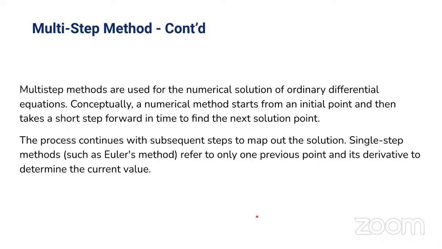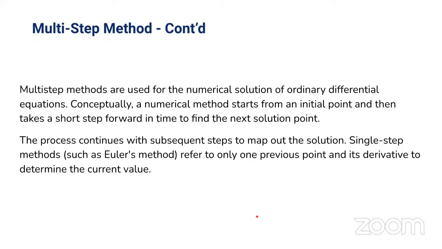So the process continues with subsequent steps to map out the solution. Single step methods such as Euler refer to only one previous point and its derivative to determine the current value, like what I've been saying earlier. This is the summary of the difference: single step just uses the previous point to determine the current value, while multi-step uses several previous steps.